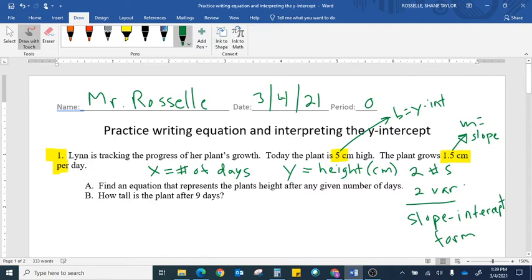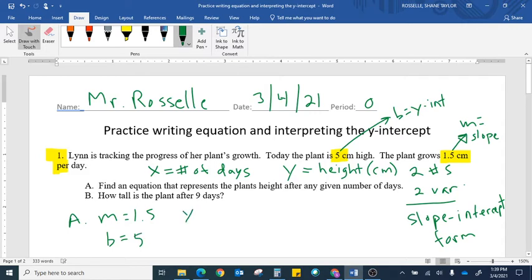So for A, what I'm doing here is, it says find an equation that represents the plant's height after any given number of days. So M is going to be my slope, so M is 1.5, and B, which is my y-intercept, is 5.